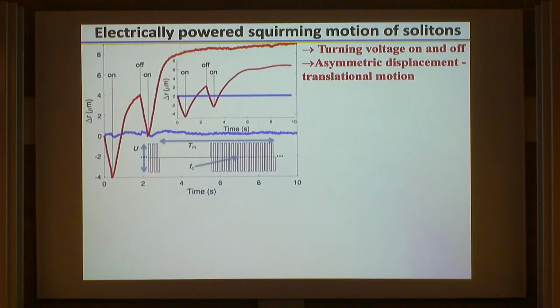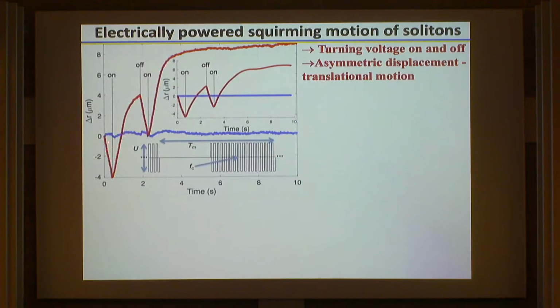So we only have rotational viscosity and the corresponding torque. What we do in experiments, we take a video as we apply voltage and turn it off. So this would be such an electric signal with a high carrier frequency, and then we modulate it with a certain period.